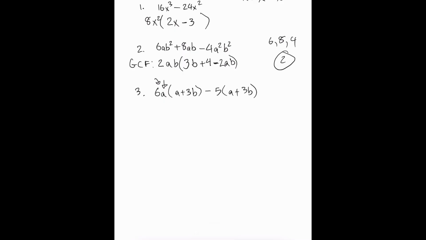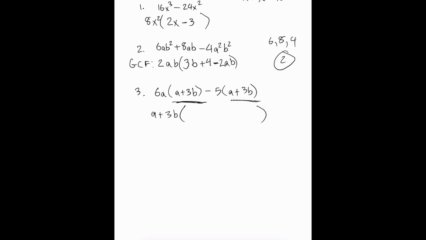No. So that's not in common between these two terms here, right? Okay. So that's good. But I do see that they share an A plus 3B in common. Therefore, that is the greatest common factor for both. So that comes out like that.